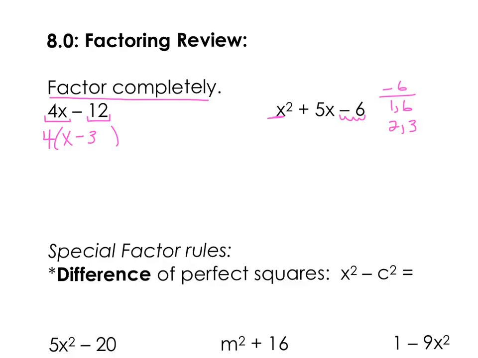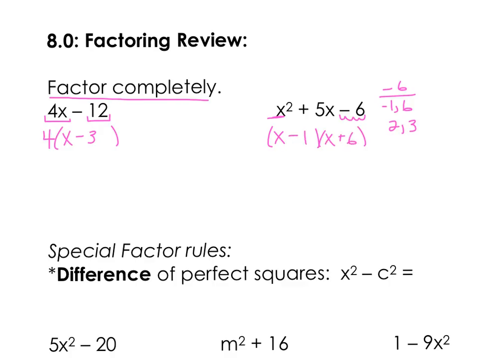And there's really only going to be one way to do that. If we keep 6 positive and 1 negative, that would give us negative 6 when we multiply and positive 5 when we add. This would factor into a product of 2 parentheses. X squared would separate into x, and we would have a minus 1 and a plus 6.